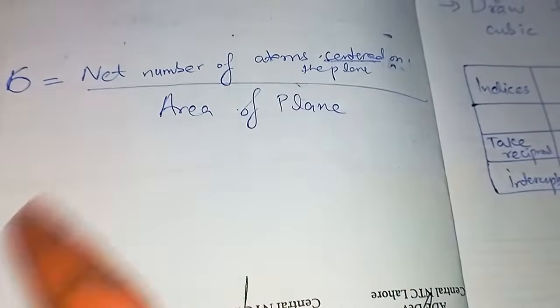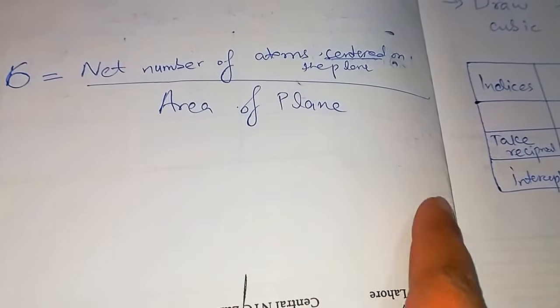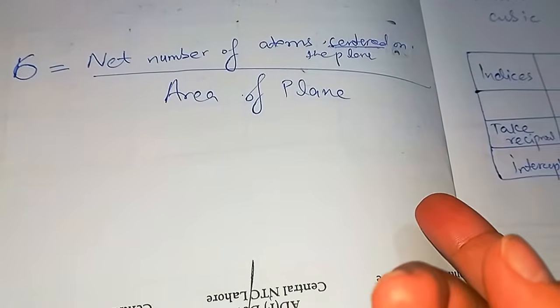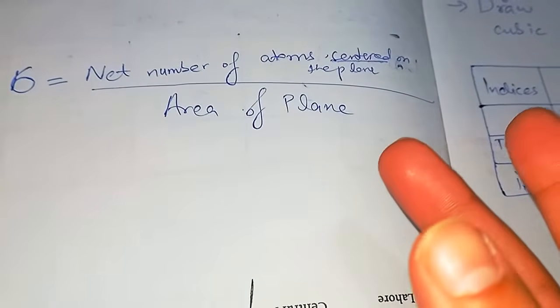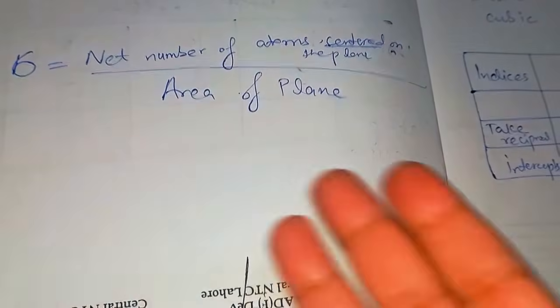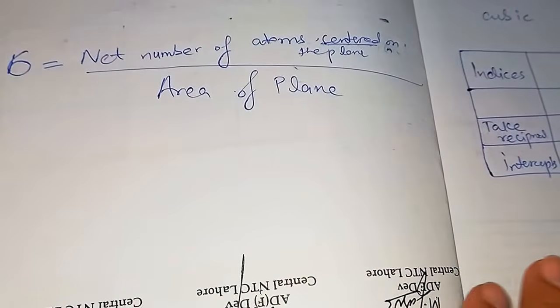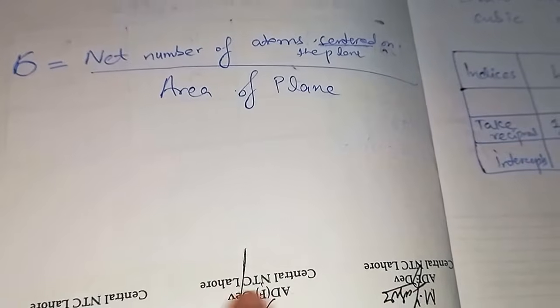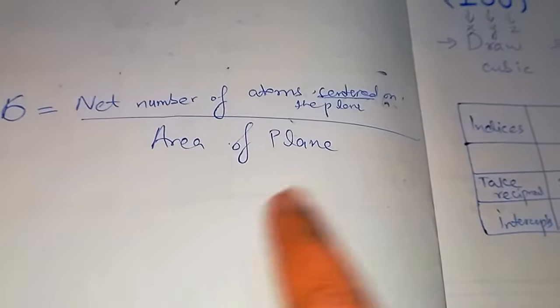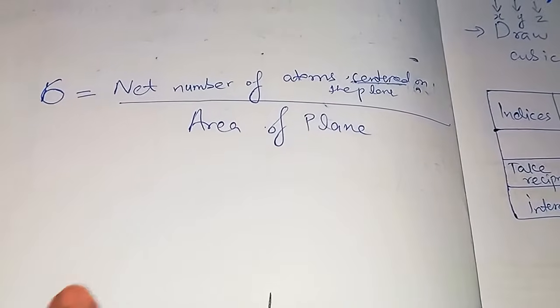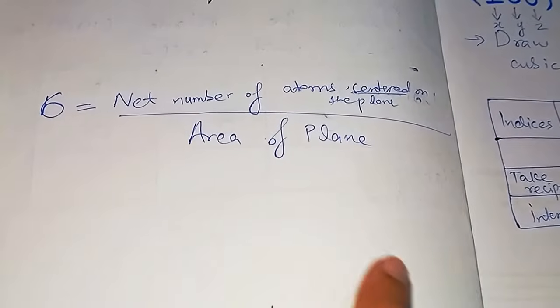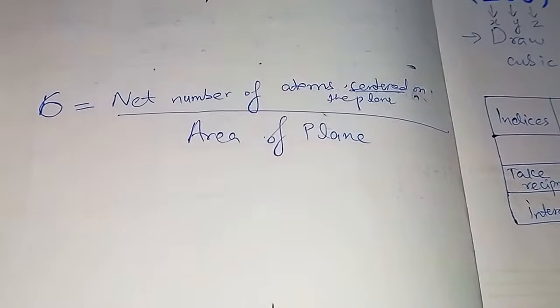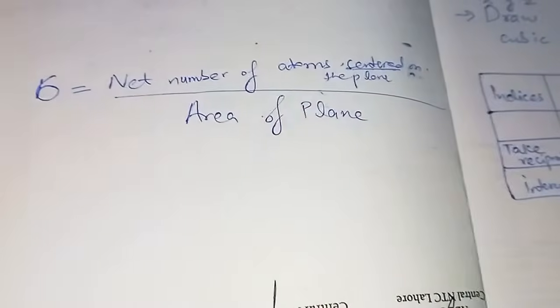And if the atom center is not lying on the plane, if the atom center is not intersected by the plane, then that atom will not be contributing to the plane. So it will not be considered as contributing to the plane. But all those atoms whose centers lie on the plane, at least whose centers lie on the plane, will be contributing to the plane, and their contribution will be calculated. All right, so let's see how this works.